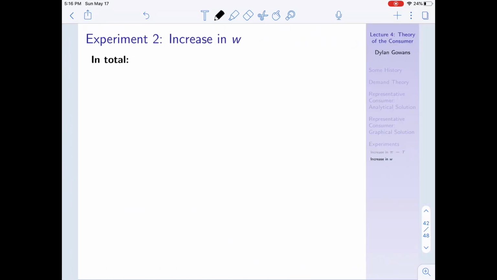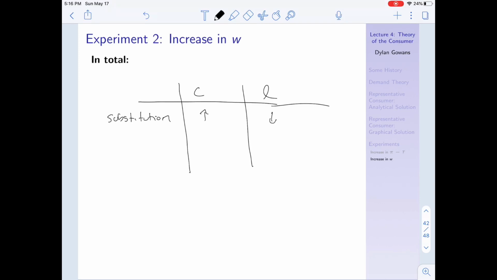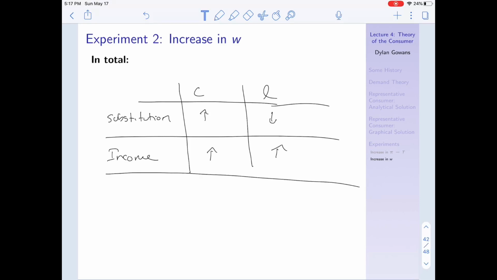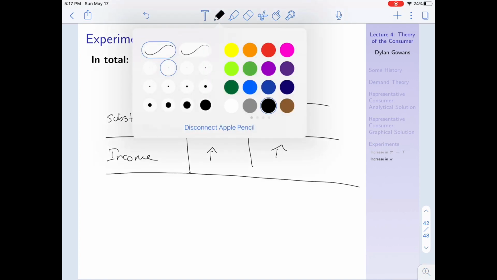And so in total, we can put these in a table, for example, here. So what are the effects here? So we have a substitution effect. And the substitution effect says substitute towards the cheaper good, which is consumption. Then we have the income effect, which says because both goods are normal, consume both. But then what's the overall effect? I'll put this in red.